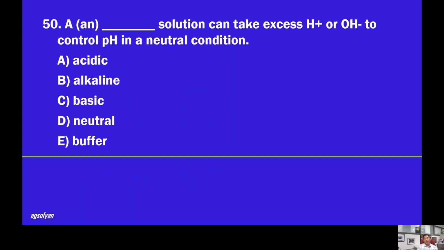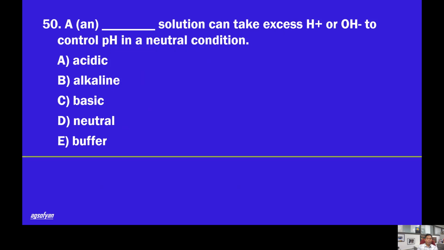Number 50, a blank solution can take excess hydrogen ion or hydroxide ion to control pH into a neutral condition. A, acidic, B, alkaline, C, basic, D, neutral, E, buffer.